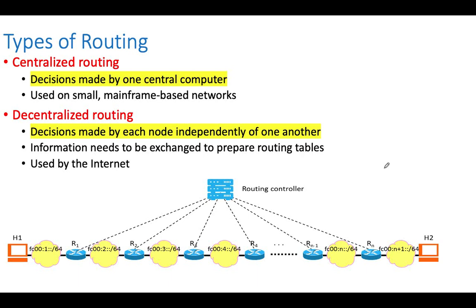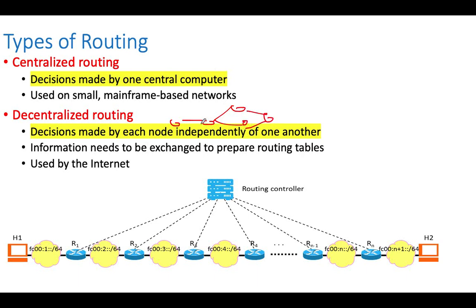What do you mean by that? Centralized or decentralized? The decentralized is the one I just explained to you a minute ago. You have a router connected to another router, connected to another router, like this.